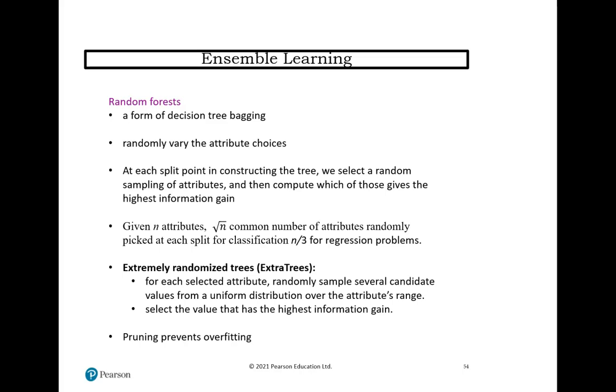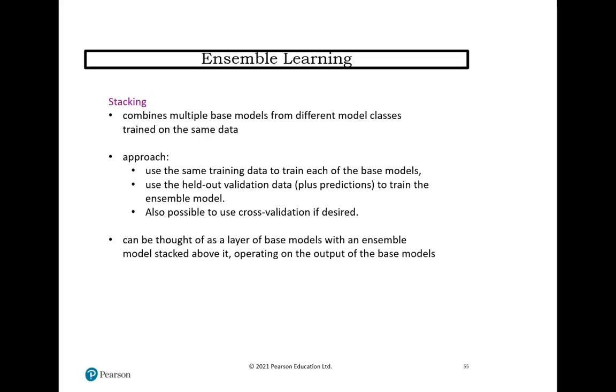This is a mathematical finding, you don't have to worry about it, but essentially it is just another way to increase the variability in the prediction from your classification trees, which is the most important thing to make sure that ensemble learning works for us: to make sure that the models are not acting as a herd. They're not all going in one direction, but rather that there's variability in the prediction.